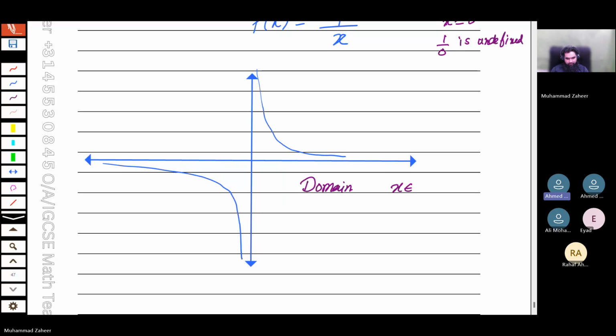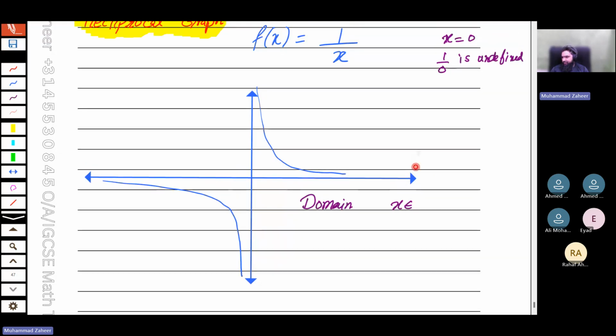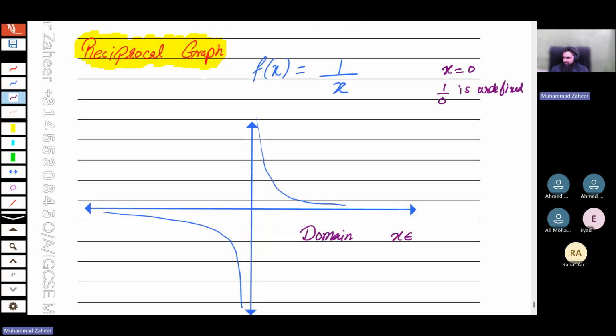X is all real numbers, but not equal to 0. You have all positive real numbers, you have all negative real numbers, but at x is equal to 0, it is undefined. So we have to say that x is all real numbers, but x is not equal to 0.